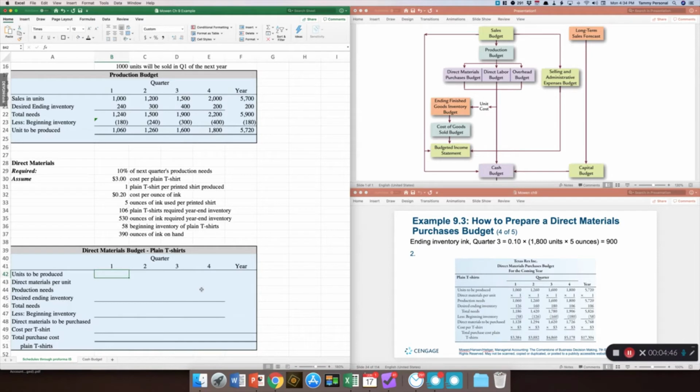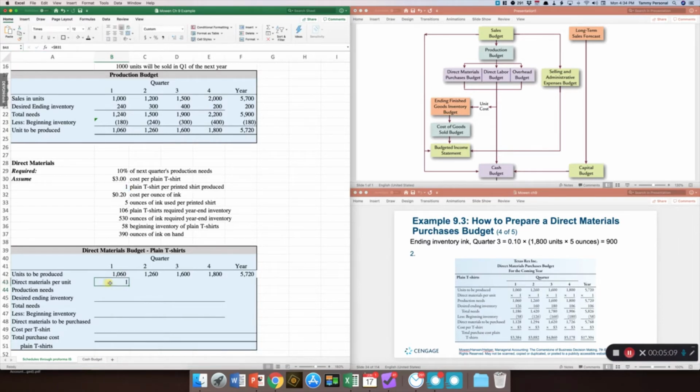Our units to be produced, we're going to pick up from that line up there, for the whole row. And then our direct materials per unit we will also pick up. So we have one t-shirt. We are going to make that an absolute cell reference, so I can pull that across.